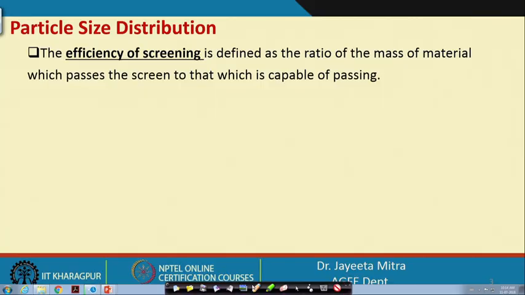So, the efficiency of screening is defined as the ratio of the mass of material which passes the screen to that which is capable of passing. Some fraction is capable of passing, but the ratio is of the mass which actually passed through. This defines the efficiency of screening. This is an important parameter in understanding the particle size distribution.